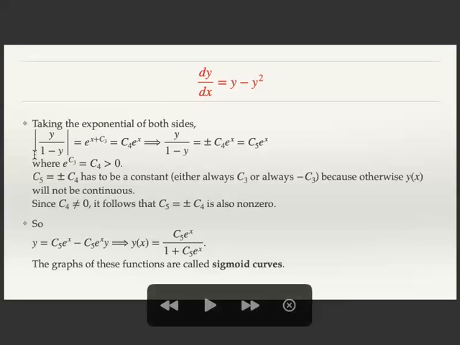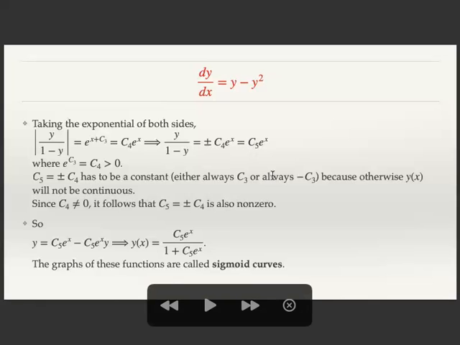Then if the absolute value of y over 1 minus y is equal to this, then y over 1 minus y is equal to plus or minus this. This was almost the last step, getting rid of the absolute value. Now plus or minus C4, it turns out, is again a constant.